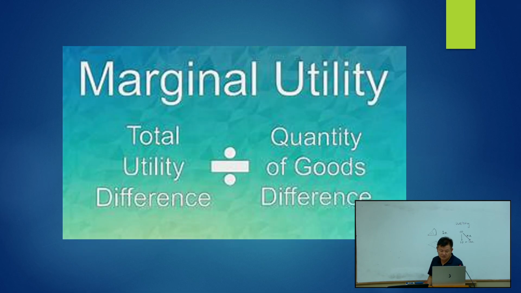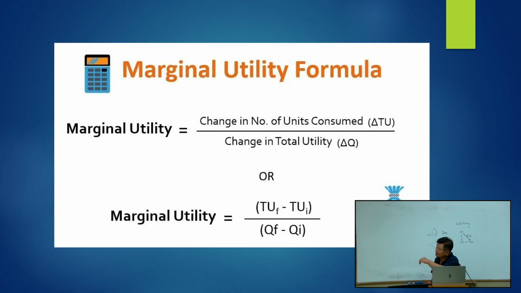So how do we calculate that? Marginal utility is the total utility difference divided by the quantity of goods difference. Or, marginal utility is the change in total utility over the change in number of units consumed. This is the marginal utility equation.